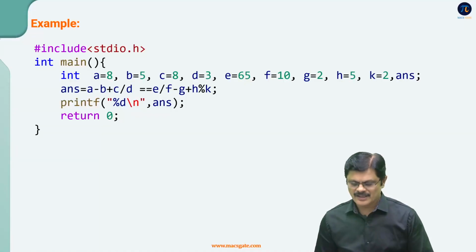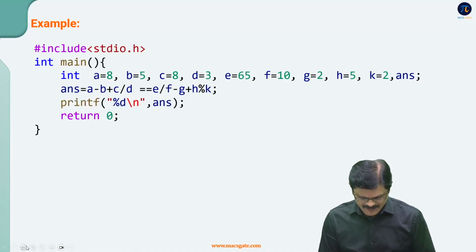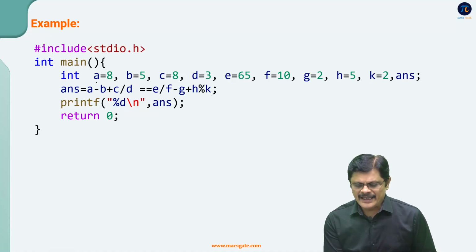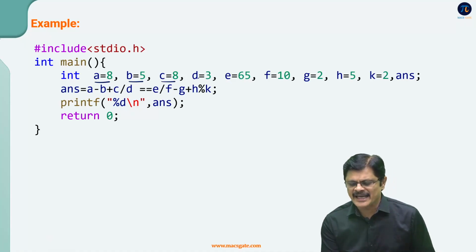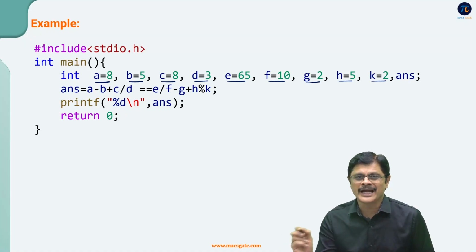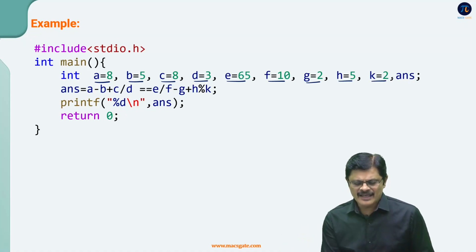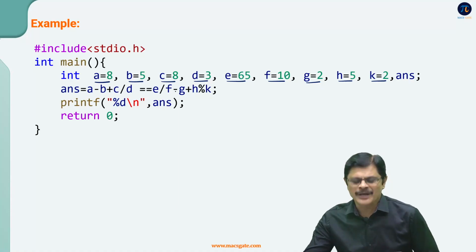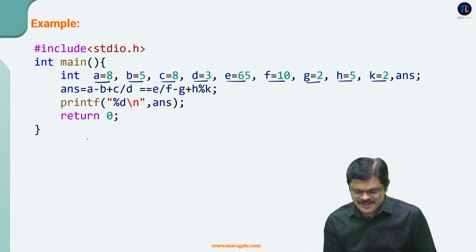Next example, here A is equal to 8, B 5, C 8, D 3, E 65, F 10, G 2, H 5, K 2 and the answer variable is defined and we are assigning this expression to answer. Let us evaluate the expression.